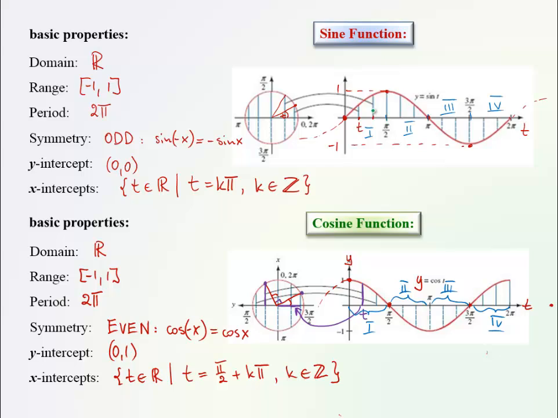Notice that our CAST rule confirms this. Sine is positive in the first 2 quadrants, and it's negative in the last 2 quadrants, while cosine is positive in the first and the last quadrant, and it's negative in the second and third.